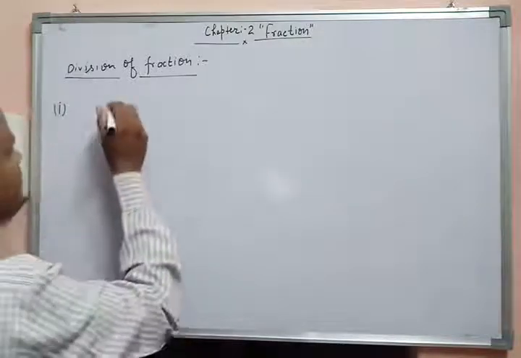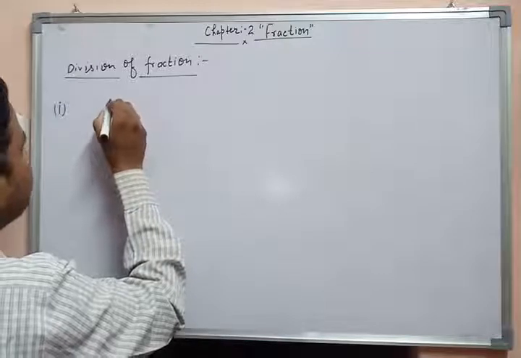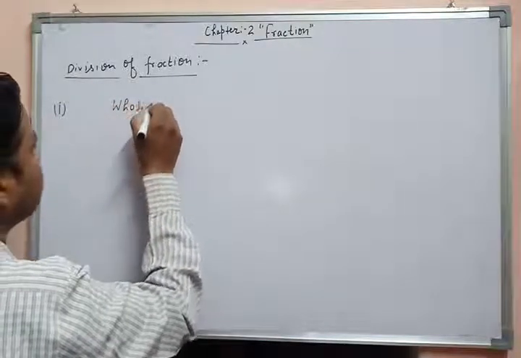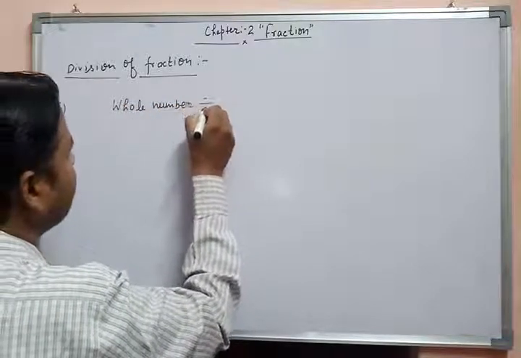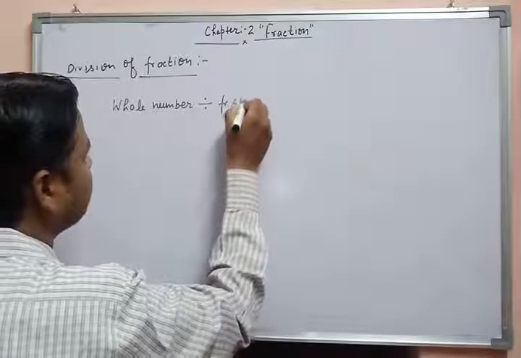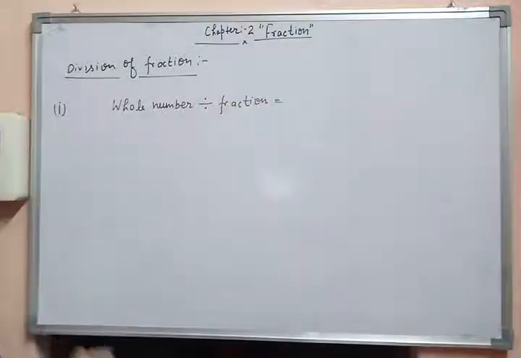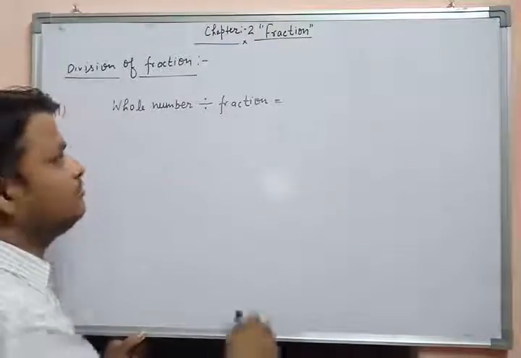First one is a whole number divided by a fraction. If a whole number is divided by a fraction, then what do we do?